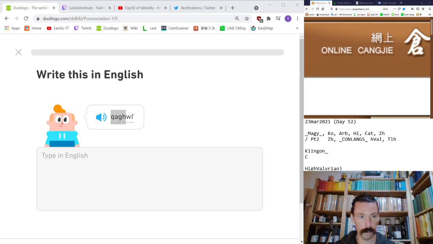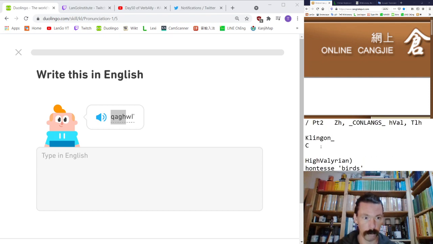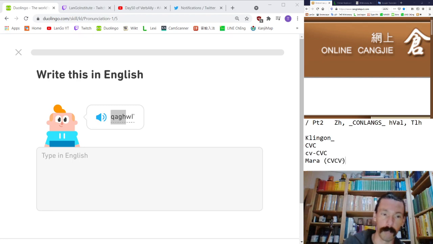C for consonant and V for vowel. Most words conform to this type of syllable exclusively. You have a few that are like a minor syllable in front with no coda, but open ones are pretty rare. We have the name Mara. That's CV, CV. What we call open syllables, meaning no consonant closes it or ends it.